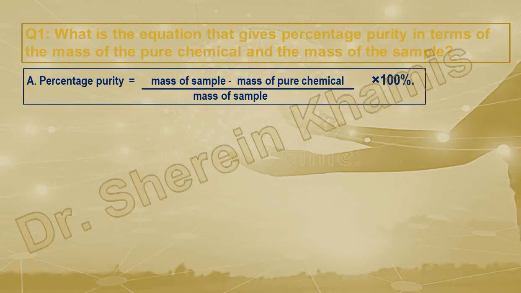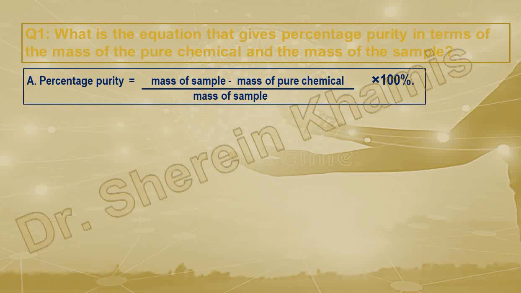Question number 1. What is the equation that gives the percentage purity in terms of the mass of the pure chemical and the mass of the sample? We have here the choices. A: percentage purity equals mass of sample minus mass of pure chemical over mass of sample times 100 to give the percentage.